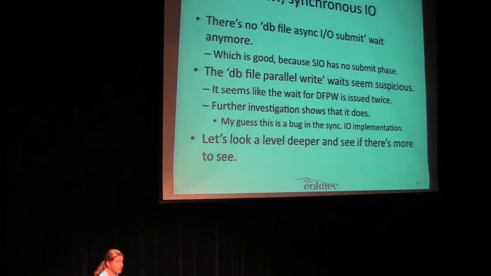We just write and that's it. The DB file parallel write wait event seems suspicious because it looks like the wait event is issued twice. Further investigation says it's probably a bug in the implementation. There shouldn't be a second wait event, but there is.